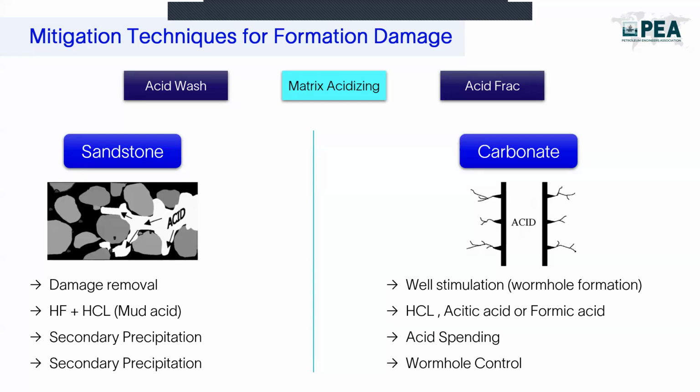So the main type of acid used in carbonate is, as you all may know, hydrochloric acid. HCl is the most common acid used.